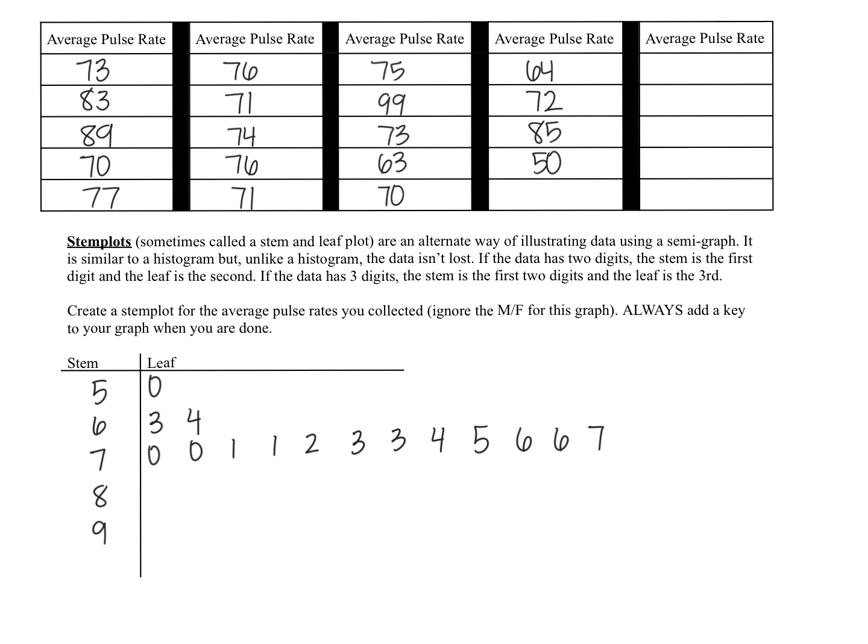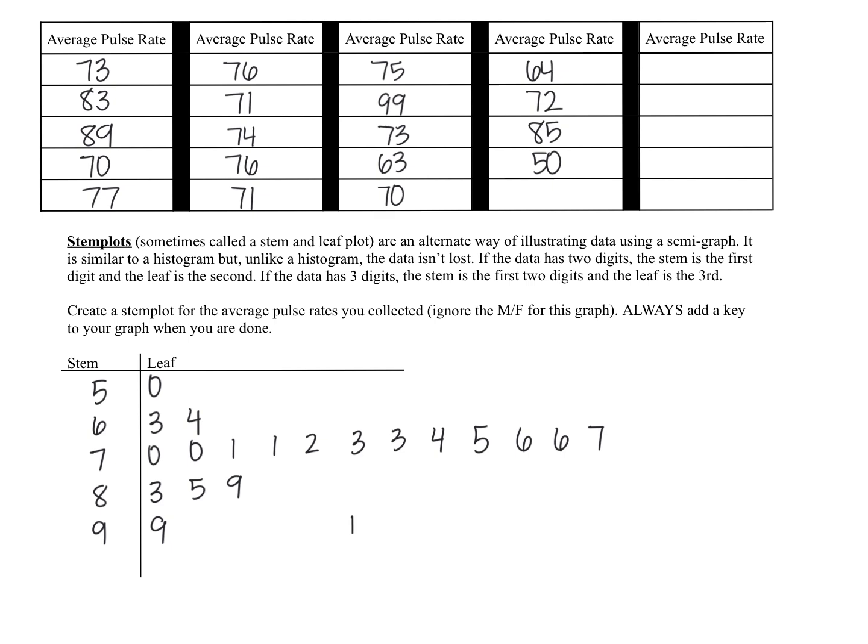And then in the 80s, there is an 83, an 85, and an 89, and then our 99. And you can always double check that you've included all your numbers by counting the numbers that appear in your leaf and making sure it matches your data. So there should be 19 there, and there is.